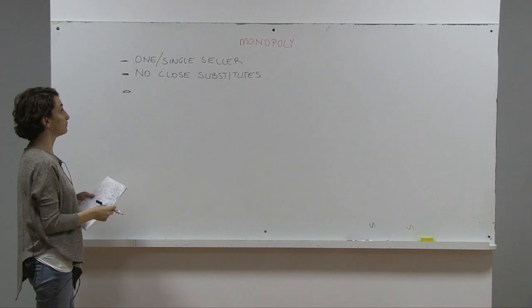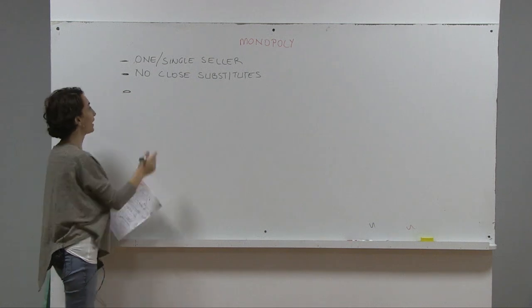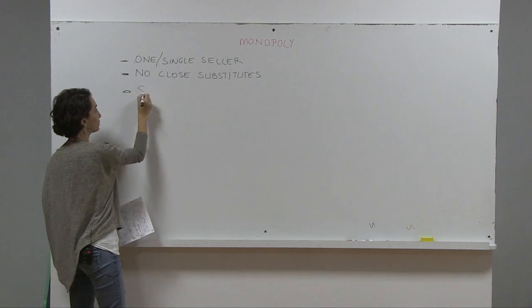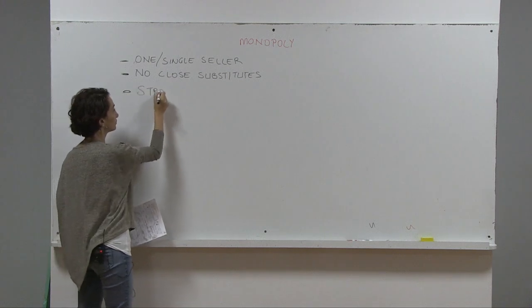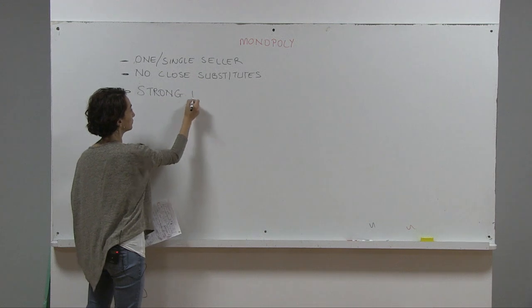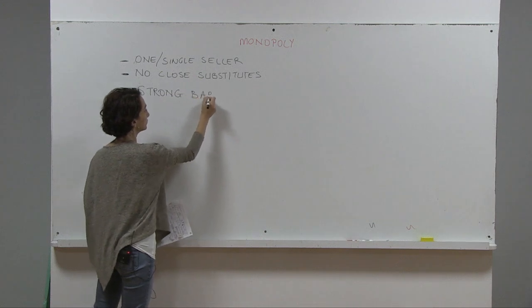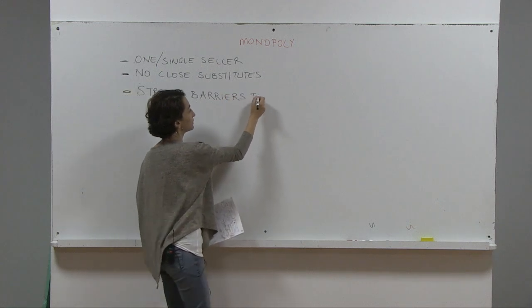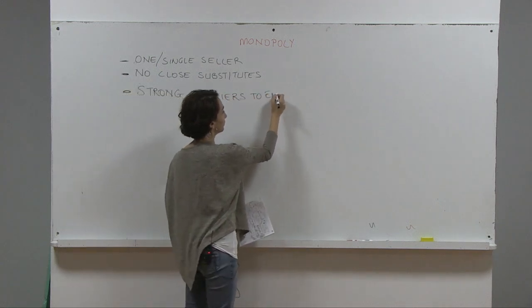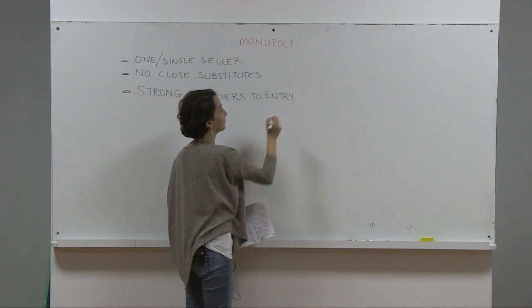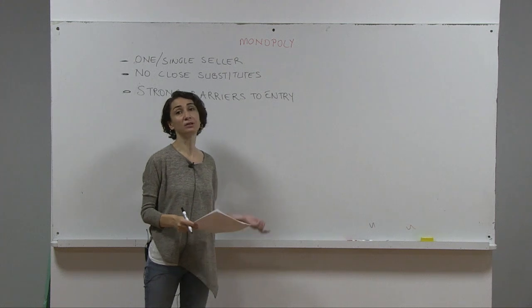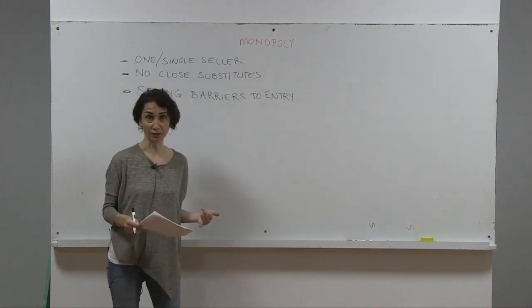Lastly, and this is very important, there are barriers to entry. Actually, let's say strong barriers to entry. Okay. Again, remember in perfectly competitive markets, there were no barriers to entry.